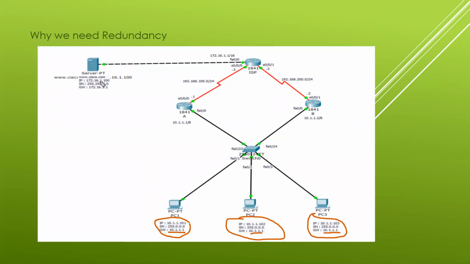Since the default gateway is 10.1.1.1, this PC is going to communicate via the switch, and this is the data path that I'm showing you. It goes via this router, then over here, and the return path comes back like this.